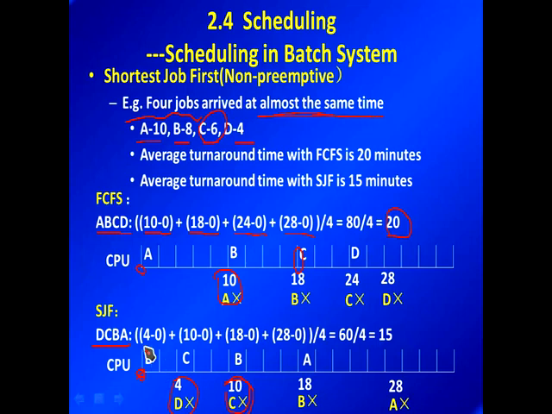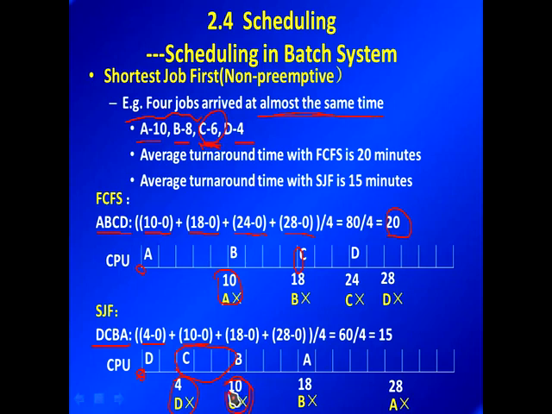So the turnaround time for job D is 4. The turnaround time for C is 10, because job C gets into the CPU at time 4, runs 6 minutes and exits the system at time 10.